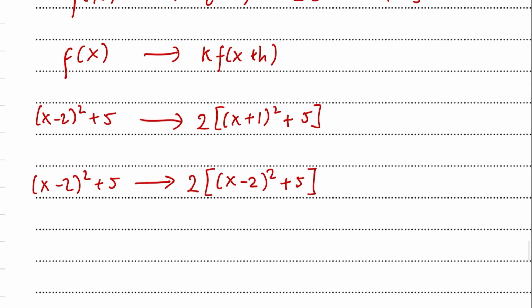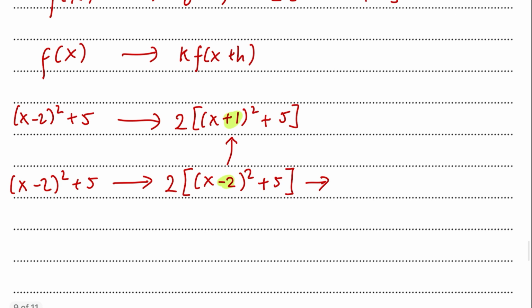And after that, we compare. This is minus 2, this is plus 1. That means from minus 2 becomes plus 1, we need to add 3. So this is 2 times (x minus 2 plus 3), the extra, because you want to make it become (x plus 1) squared plus 5. Maybe for the transformed one I should use a different color so you can see the difference.